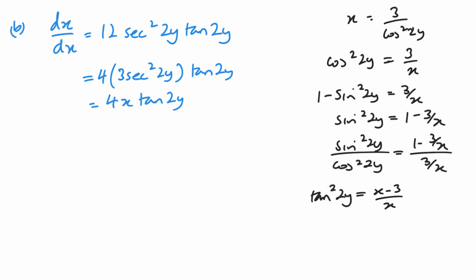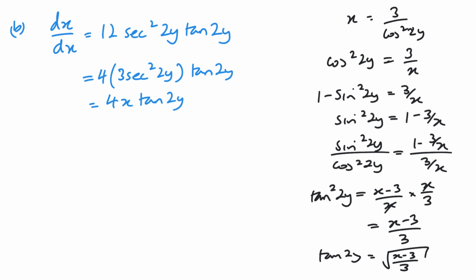And then we're dividing by 3 over x, so that's the same as multiplying by x over 3. That'll mean these will cancel out, leaving me with x minus 3 over 3. And then I can take the square root of that with my tan. So that would mean that tan 2y is the square root of x minus 3 over 3.